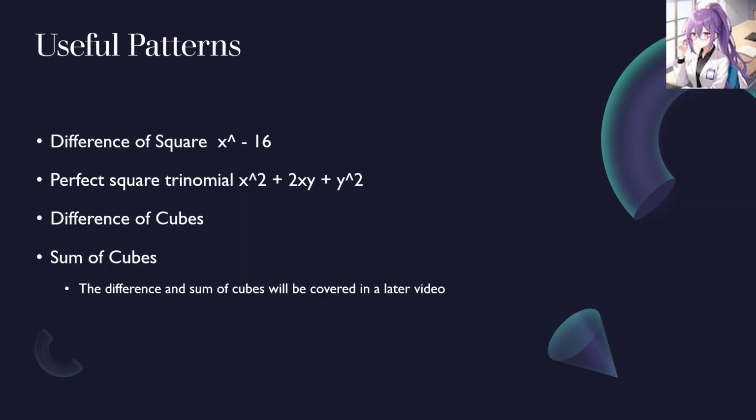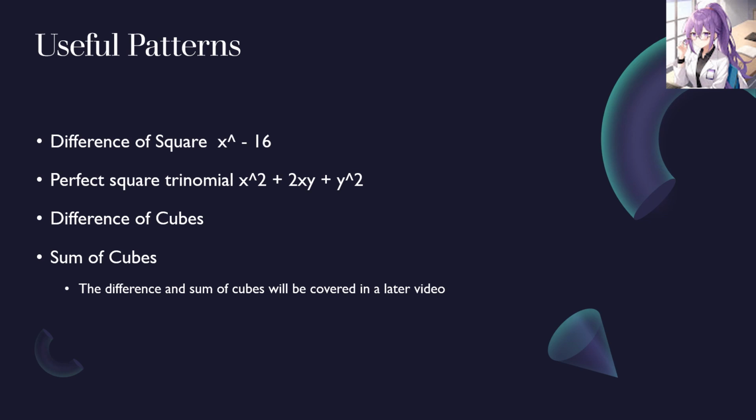Assuming you paused the video and didn't mind the awkward silence, I'm going to come up with some useful patterns that you'll find here. Now there are two patterns I'm skipping, largely because that's going to take a specialized video all of their own, and those are the difference and sum of cubes, which have their own factoring rules.